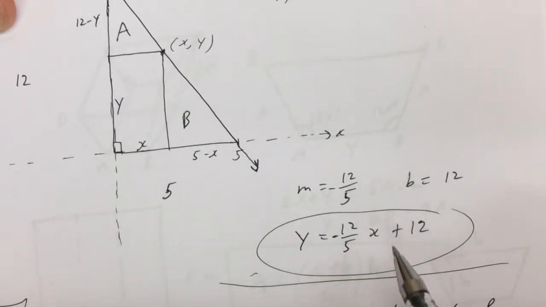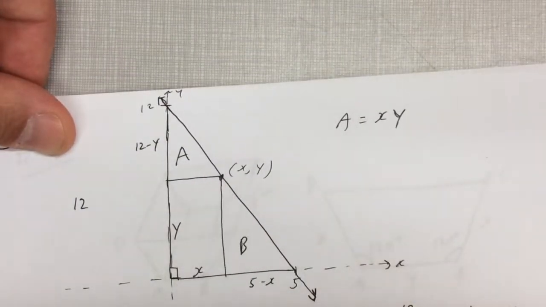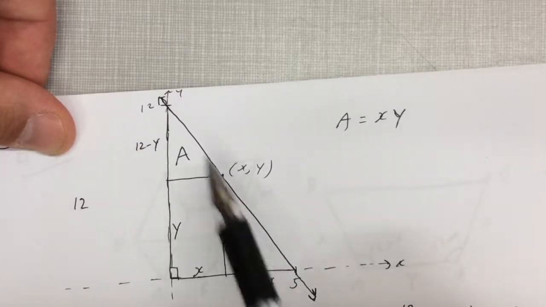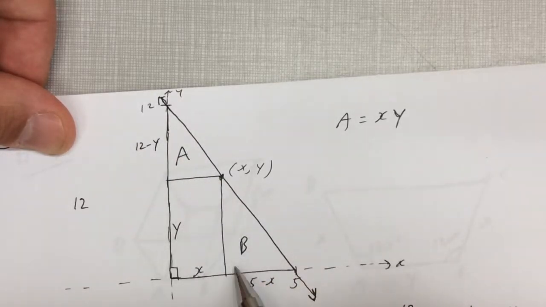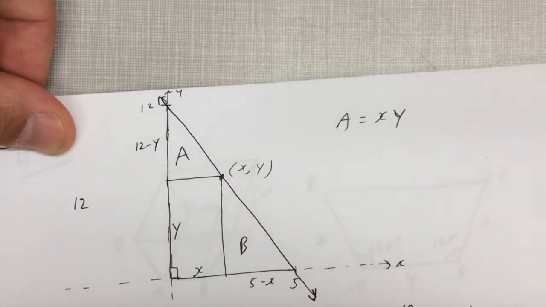So there's the constraint. Or we can take these two triangles and realize that they're similar triangles. That angle is the same as that angle. These are both 90 degrees. This angle is the same as this angle. So they're similar triangles, so the side ratios are the same. The whole basis for trigonometry.